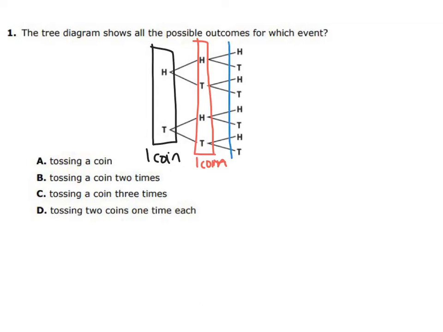And then the last section would be the third coin. So if you notice, just looking at the way it's designed, you could do this as 3 coins. So that means this sample space represents a coin tossed 3 times.